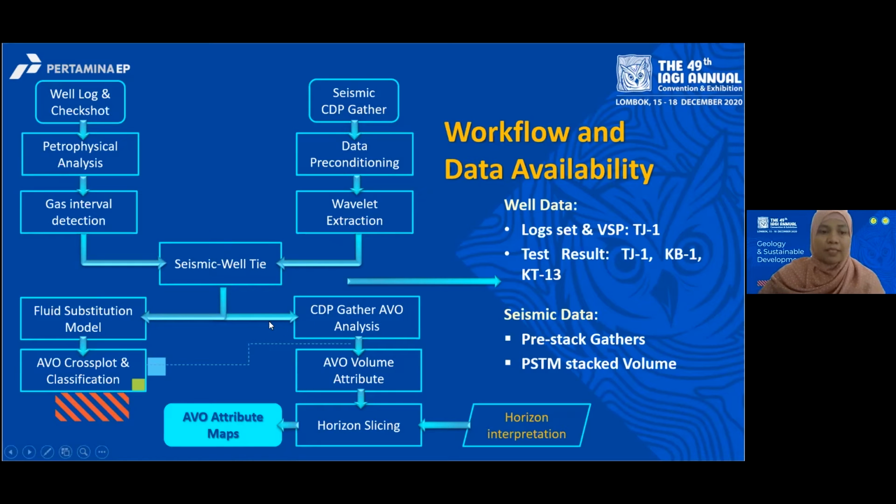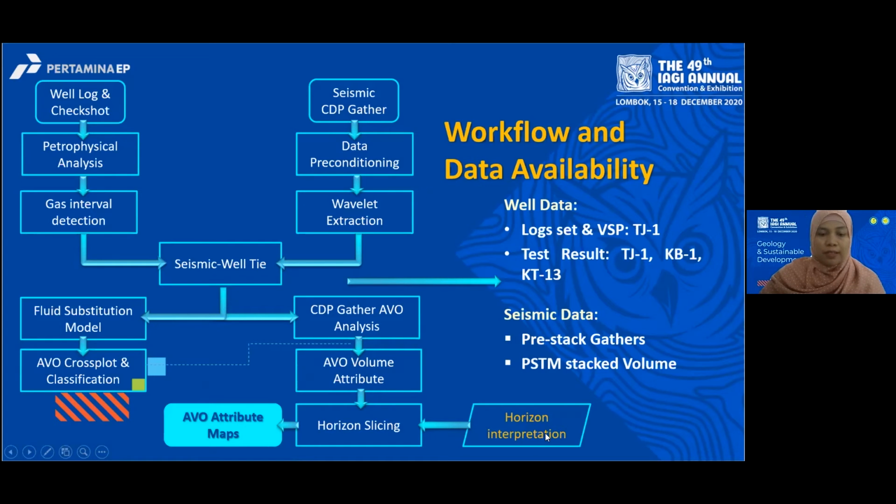At the same time, CDP gather from the AVO was also analyzed for their intercept and also the gradient. And once we have the same classification of the AVO anomaly, we generate the AVO volume attribute.